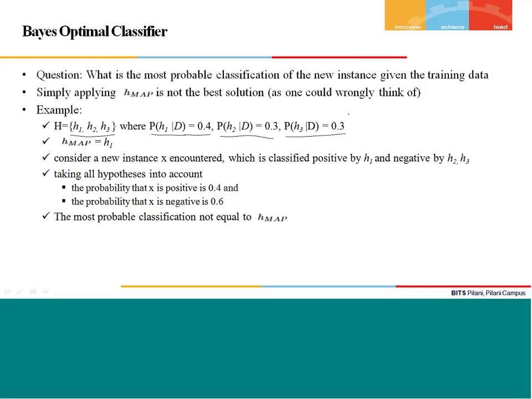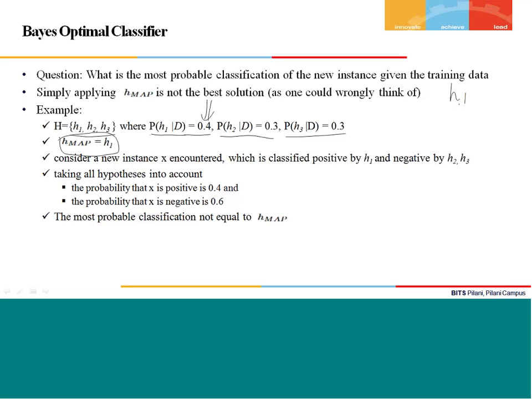Now you can see that the hypothesis given the data is maximum in H1. So HMAP is equal to H1.